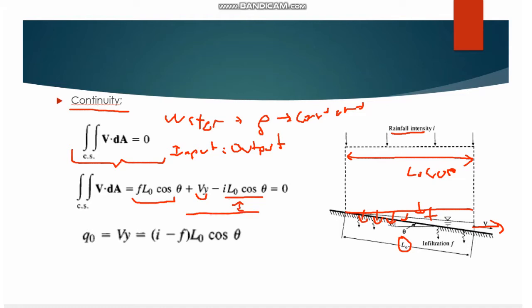When we simplify, the flow rate per unit area, q0, is V multiplied by y, which is equal to (I minus F) L0 cosine theta. This is our continuity equation.